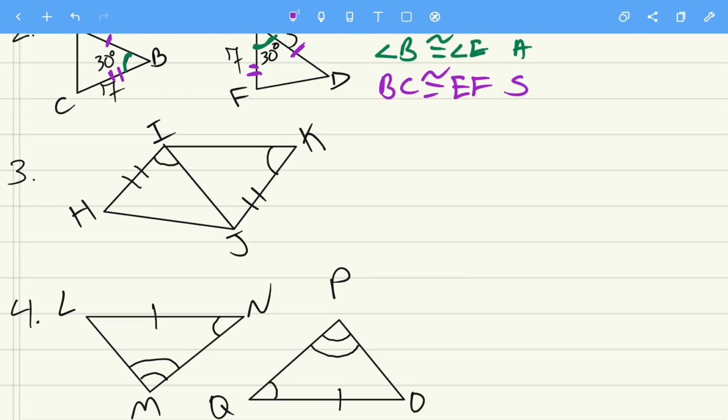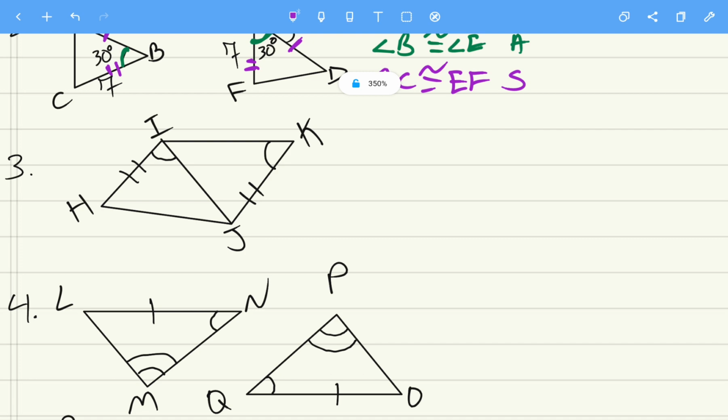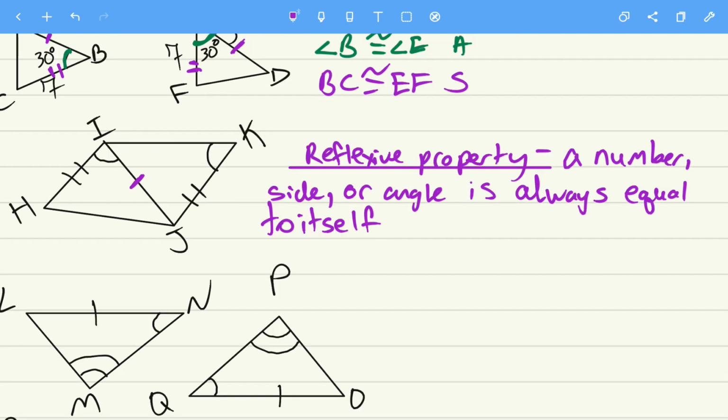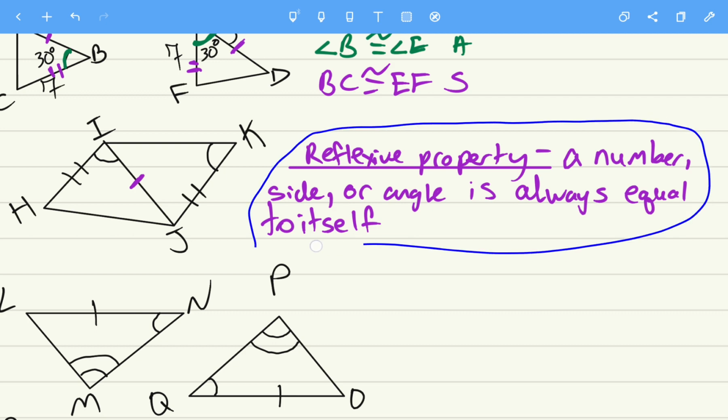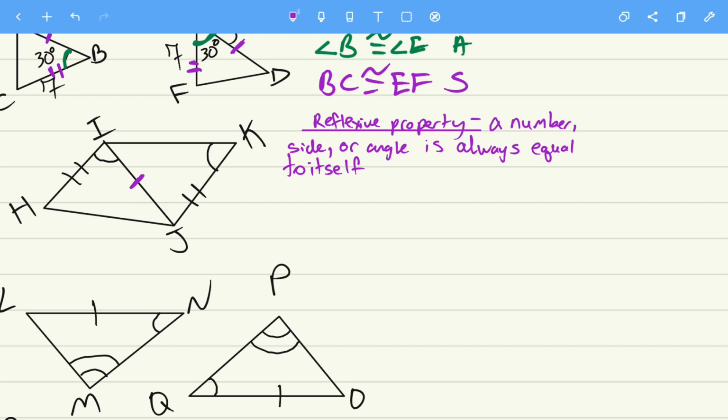Number 3. Now this one, notice that they are sharing a side right here. So this is known as the reflexive property, which says that a number, side, or angle is always equal to itself, which seems pretty intuitive, but we do have a name for that. So we can use that reflexive property as one of our sides.